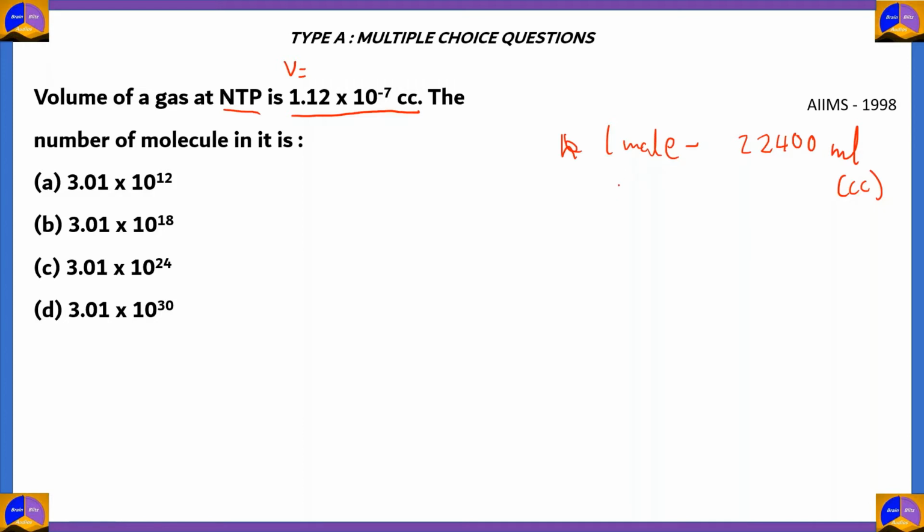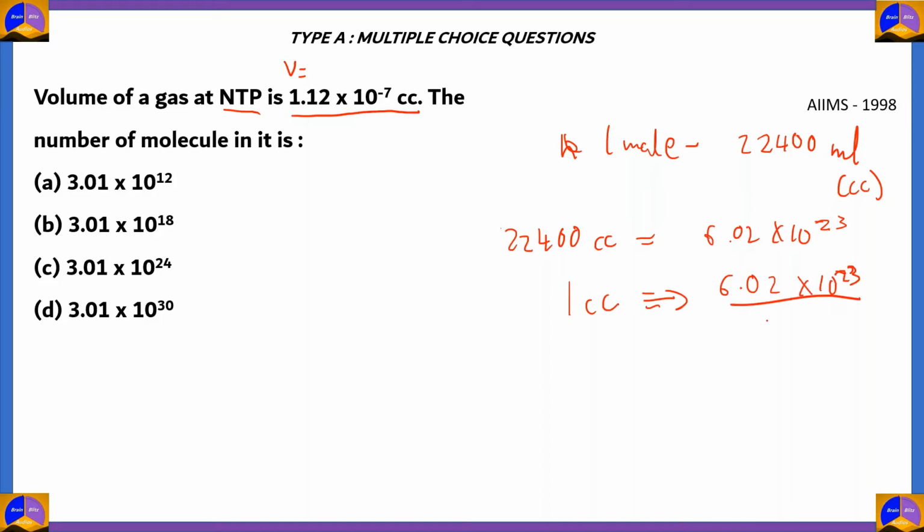So that means 22,400 cubic centimeters contains 6.02 into 10 raised to 23 molecules. So 1 cubic centimeter contains 6.02 into 10 raised to 23 divided by 22400 molecules.